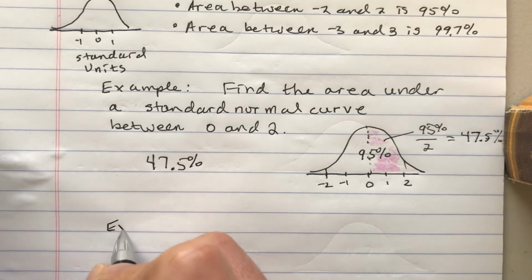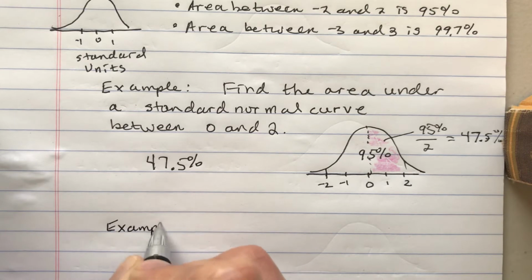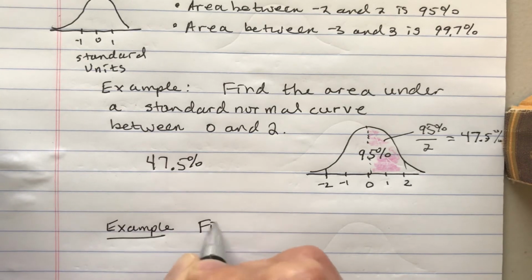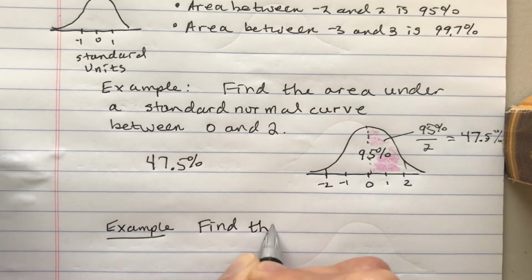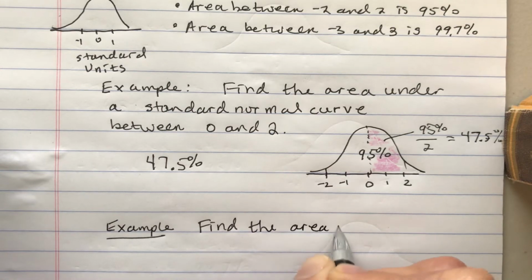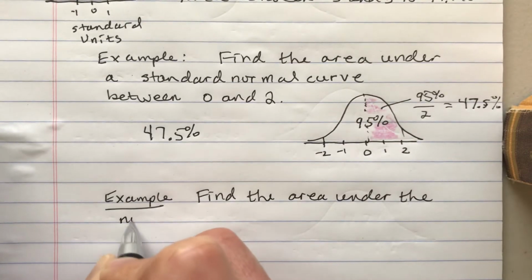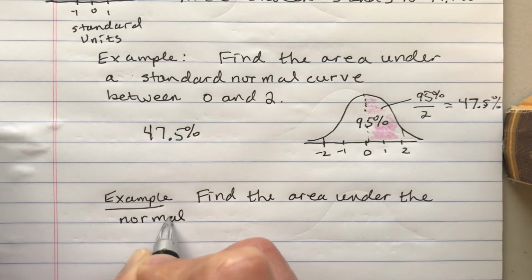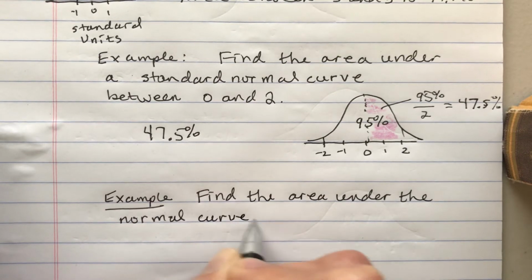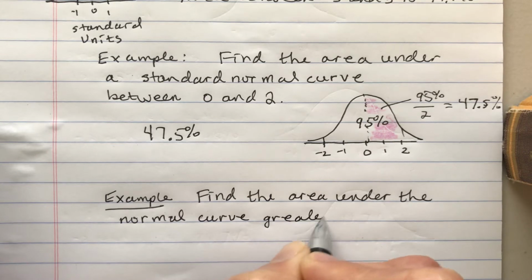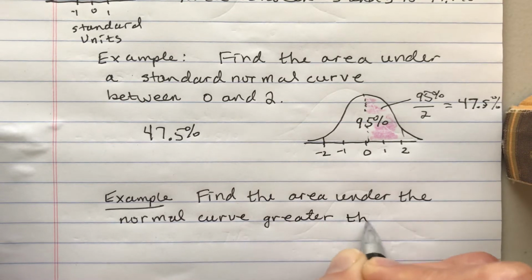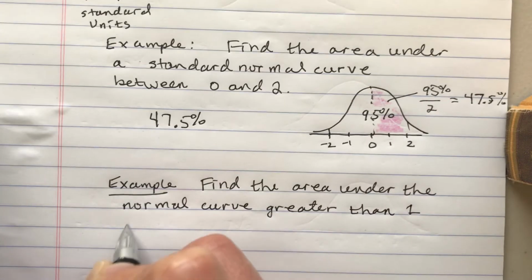Let's do another one. Find the area under the normal curve greater than 1 standard unit.